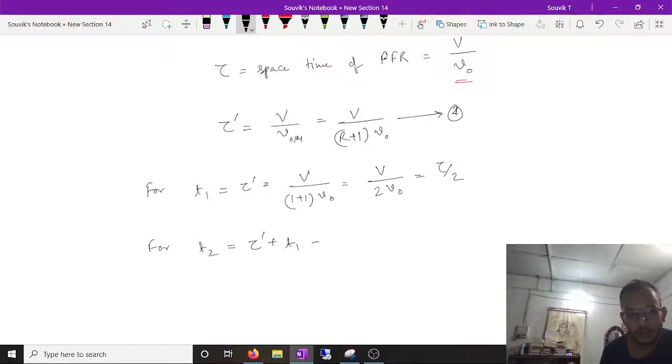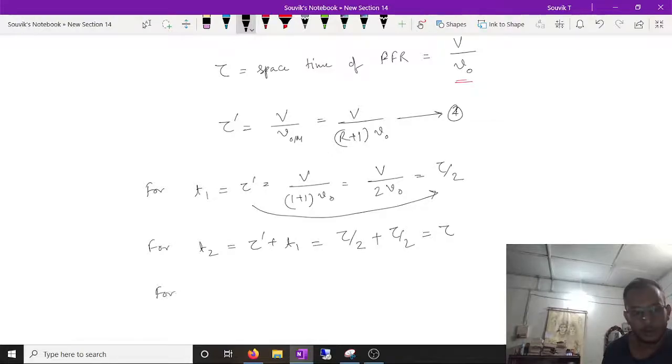This tau dash should result in another tau by 2. We can get this directly, and we already know that T1 is tau by 2, so we have tau.